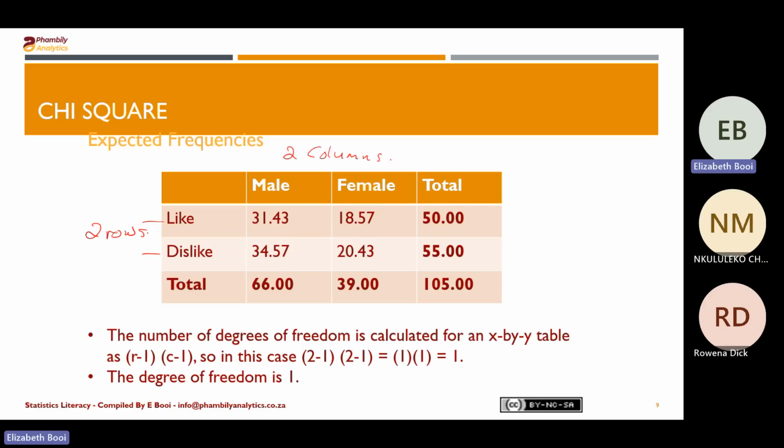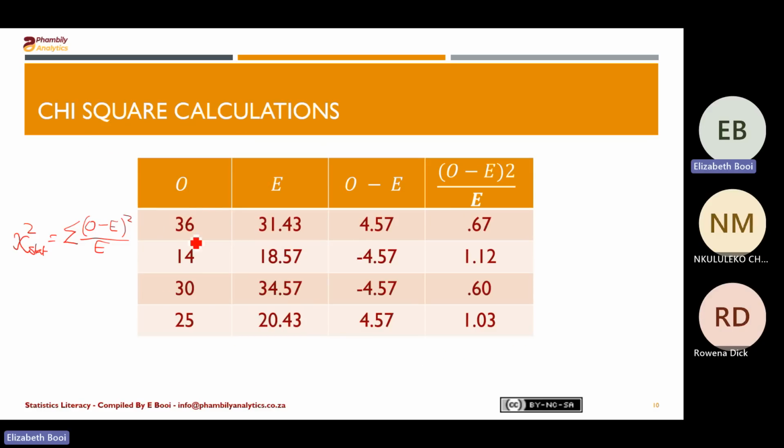I put them next to each other so that I can calculate observed minus expected for each, square the answer, and divide it by the expected, and then I get these answers.